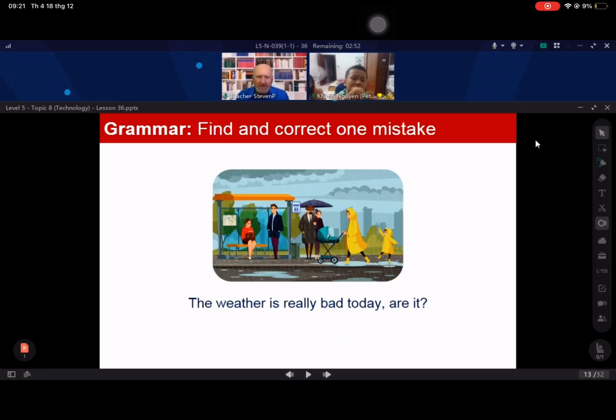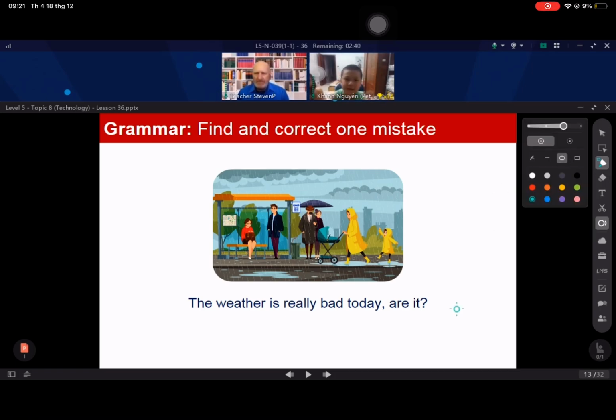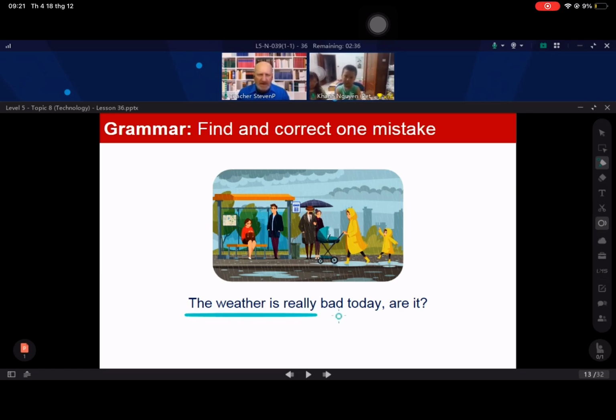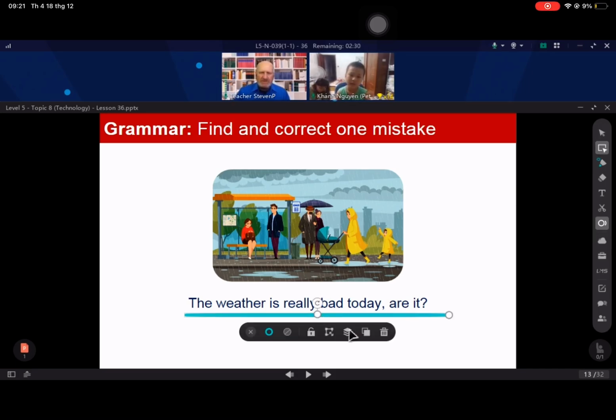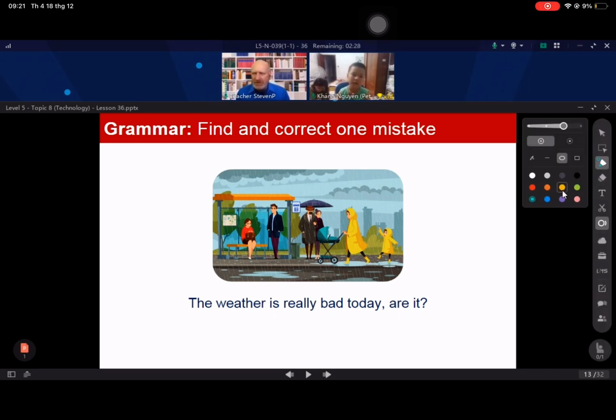Here we go. So can you tell me, where is the mistake, Peter? What do you think? The weather is really bad today, are it? What do we say?